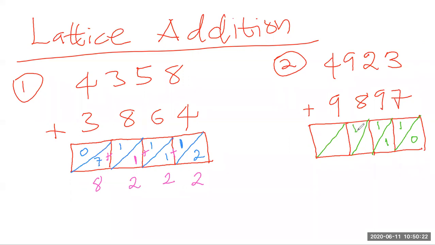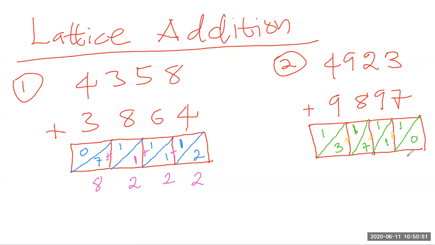All right. 1 above and 7 below. And 4 plus 9. That should be what? 13.